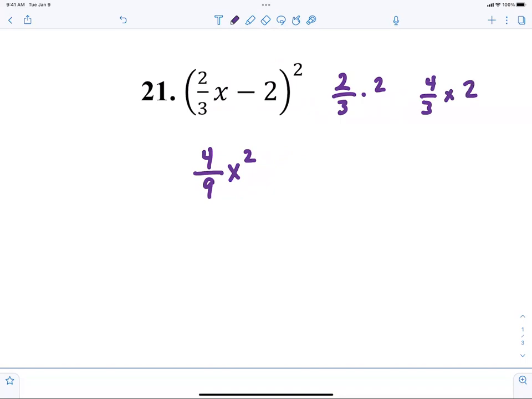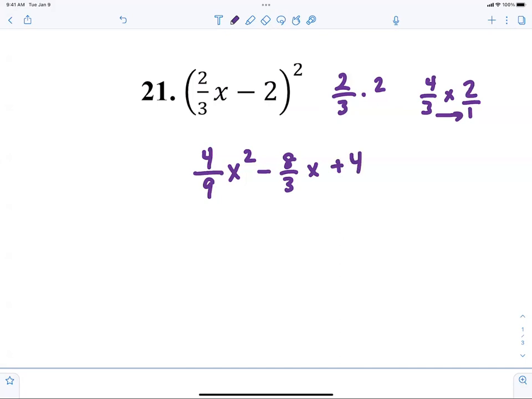So it's 8 over 3. So now is it going to be positive or negative? That one is negative. So it's -8/3 x. And now you just have to finally do what? +4. All right, does that make sense to you?